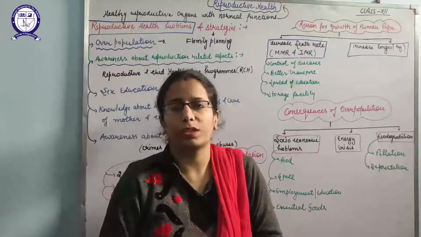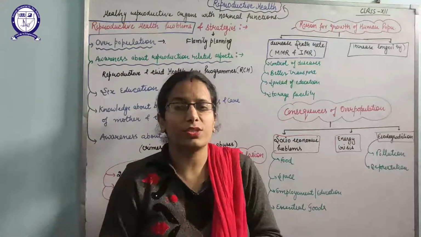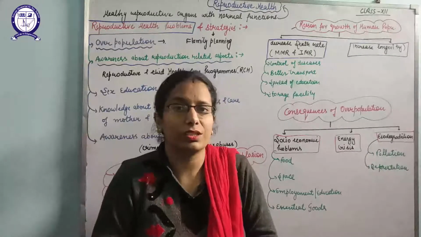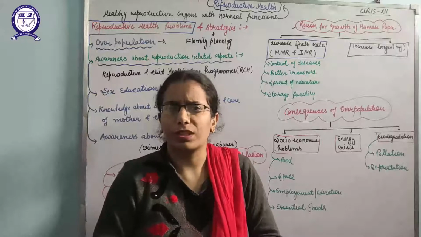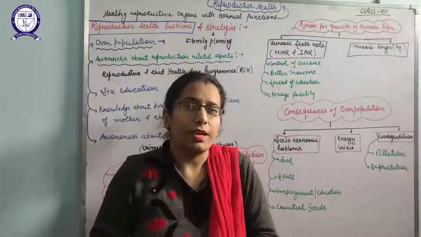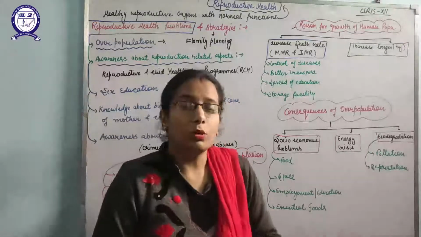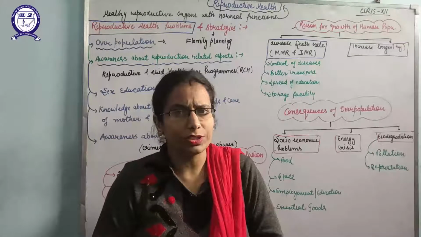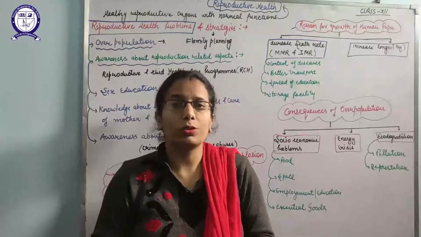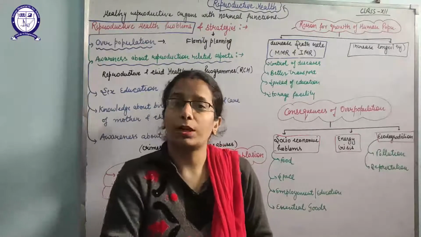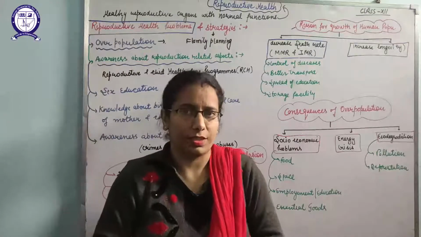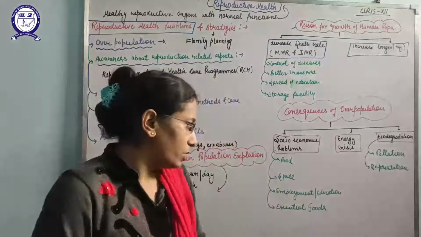Take an example: if a person is able to provide good education and good facilities to two children only, but has four children, is it possible to provide good quality education, awareness and all the resources to all four? Definitely not, because the resources will be distributed among the four, and they could only be given to two. That will create a problem also.